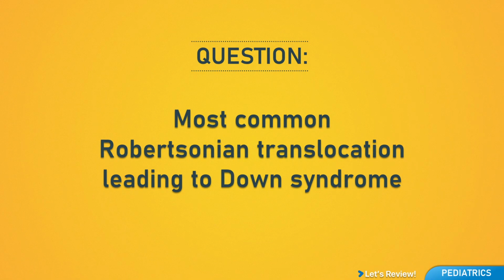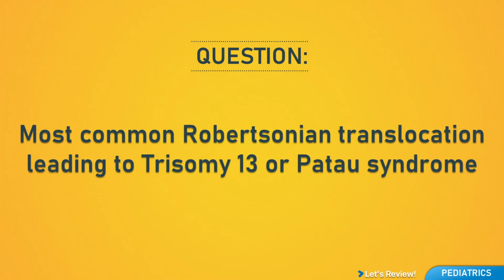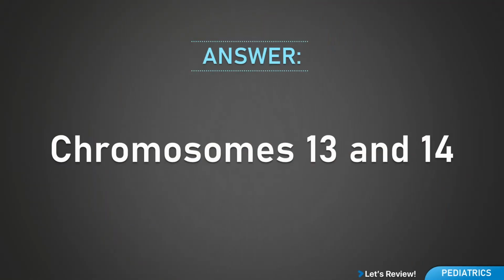Most common Robertsonian translocation leading to Down syndrome. Chromosomes 14 and 21. Most common Robertsonian translocation leading to trisomy 13 or Patau syndrome. Chromosomes 13 and 14.